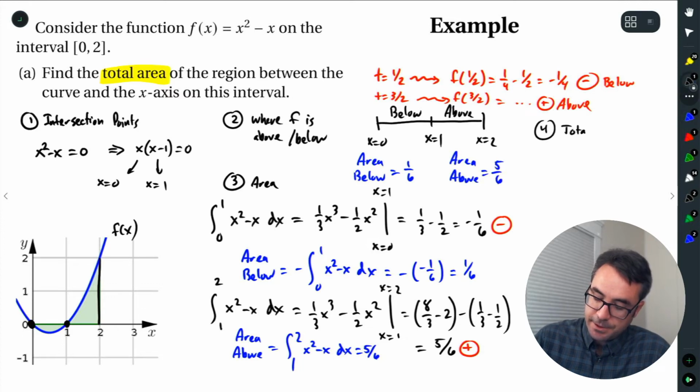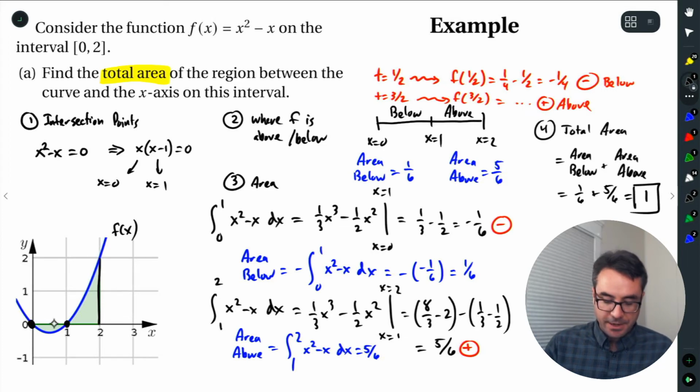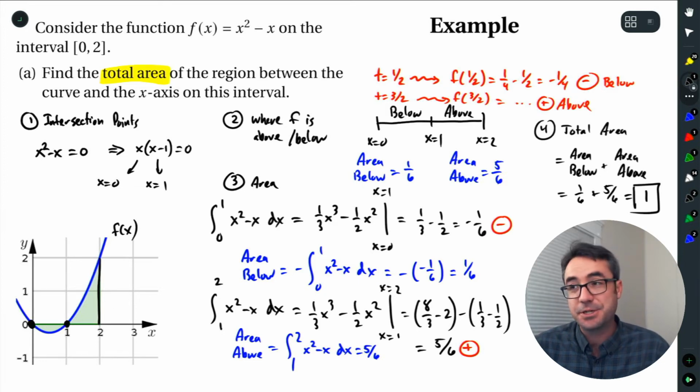So the total area is equal to area below plus area above, which is 1/6 plus 5/6, which is 1. So the area for this entire shaded region is 1.